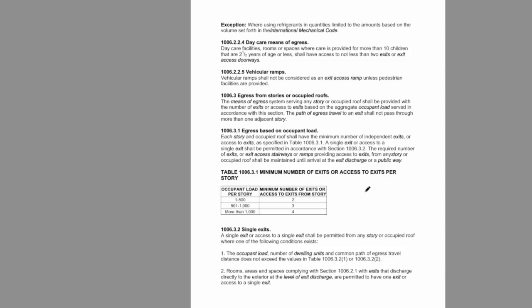This is talking about not just horizontal exits, but also when you're going up and down in the stairwells. And it talks about the occupant load. We have 1 to 500 has 2, 501 up to 1,000 has 3, and then 1,000 or more has 4. Well, we're less than 500. We're at 400, so we're doing just fine with that 2-exit scenario.